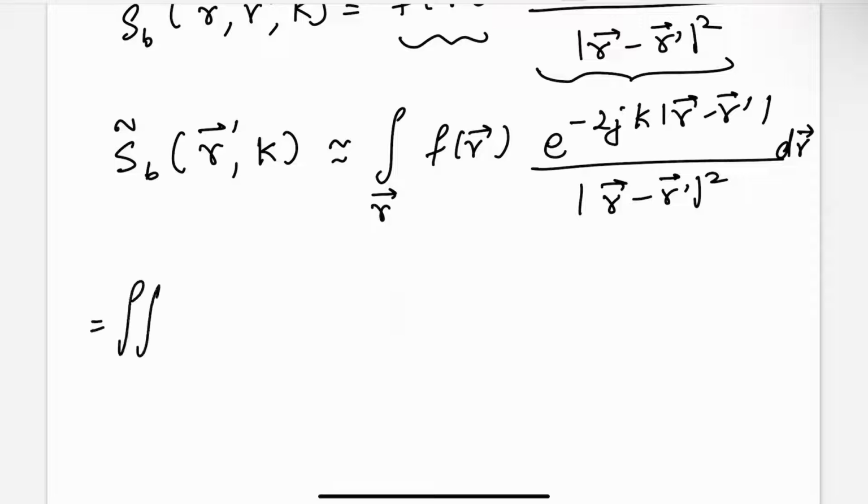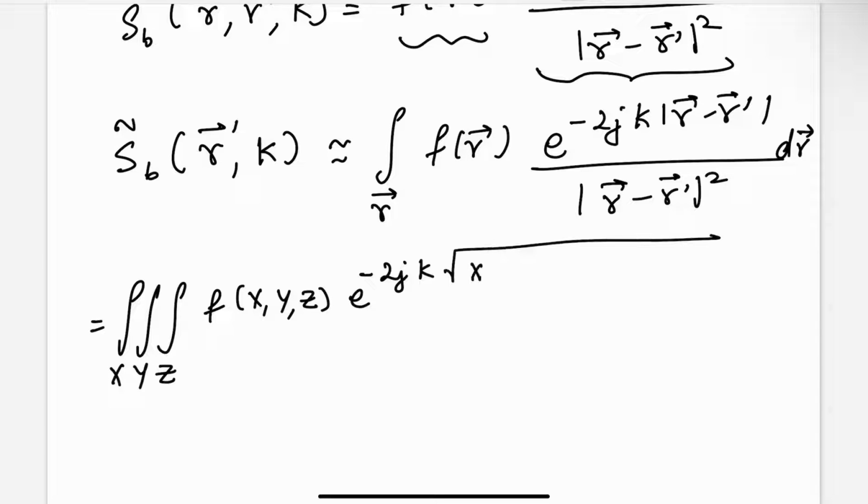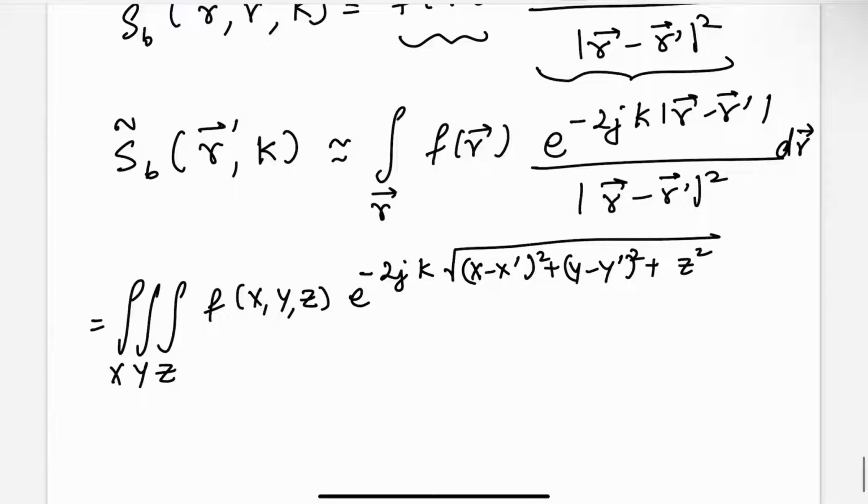So expanding that out, it is the integral over xyz, f of xyz, e to the minus 2 jk square root of x minus x prime squared plus y minus y prime squared plus z minus z prime squared, I guess you can say, but I've assumed that z prime is 0.